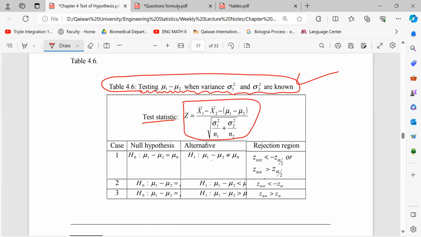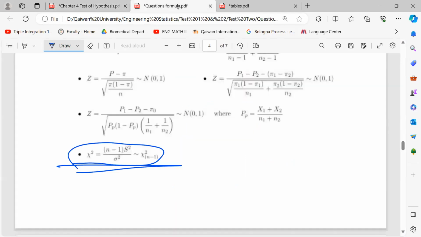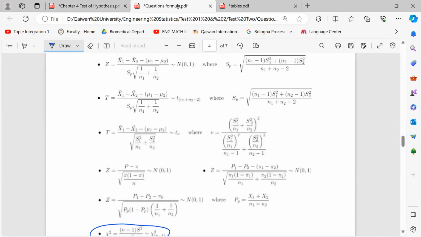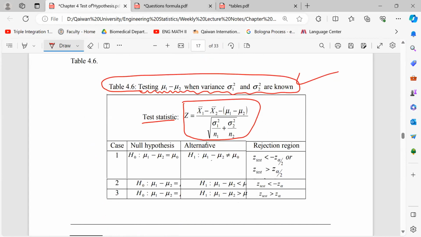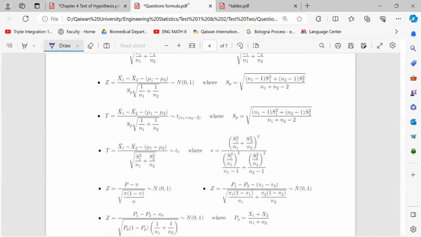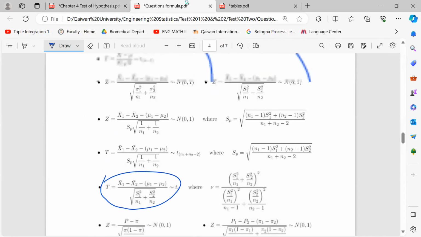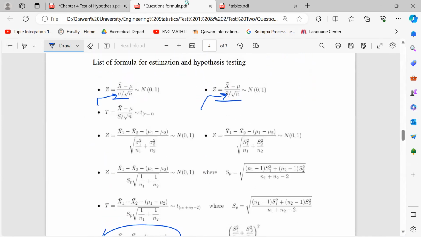You could find this in the list of formulas. This one is the normal distribution.